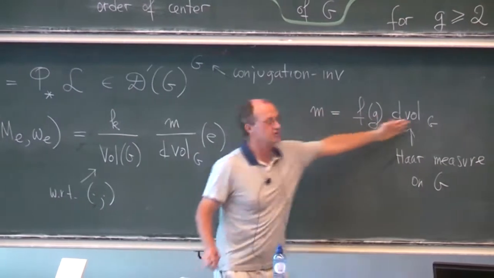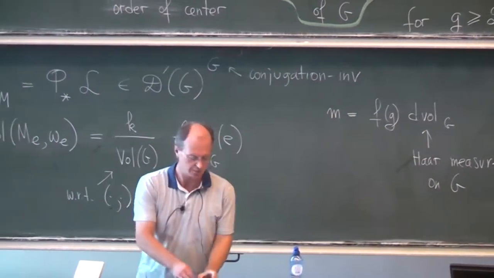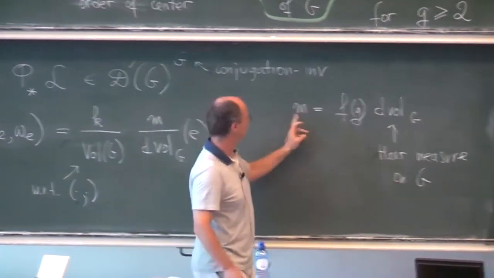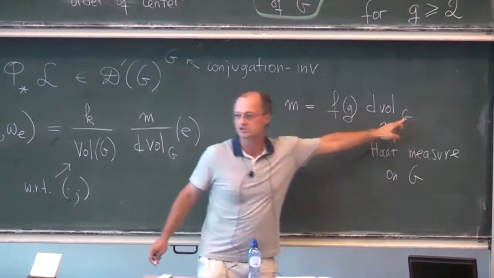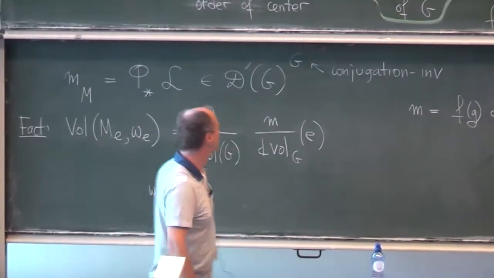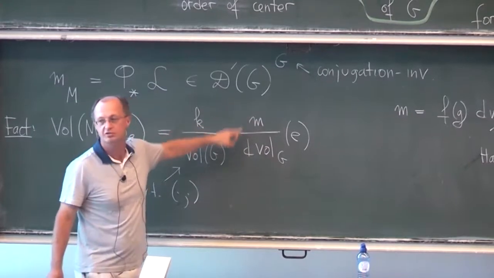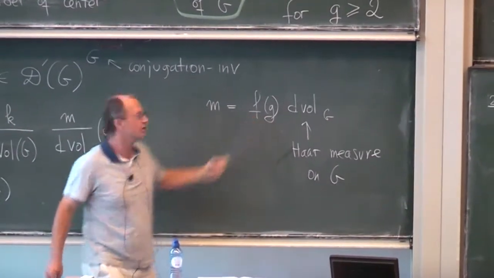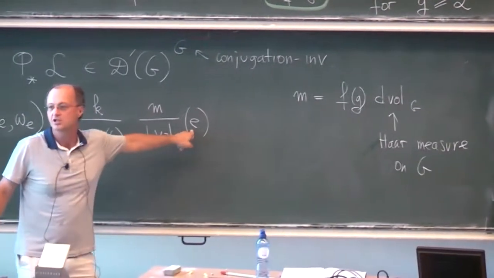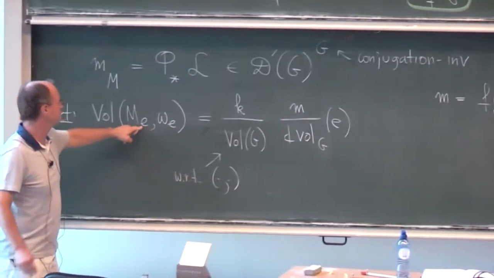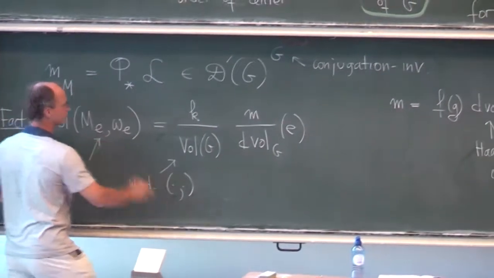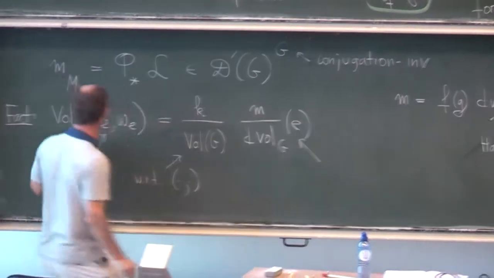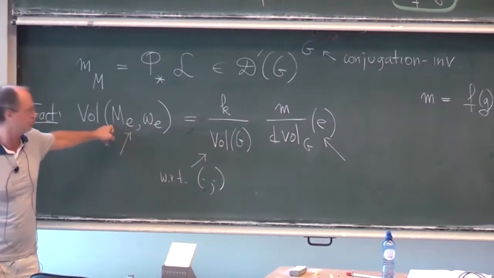Assuming that the measure M is absolutely continuous with respect to the Haar measure, this is a Radon-Nikodym derivative. Assume that it gives you a nice function. Then we evaluate this function at the group unit, which is the same place where we want to evaluate our volume.